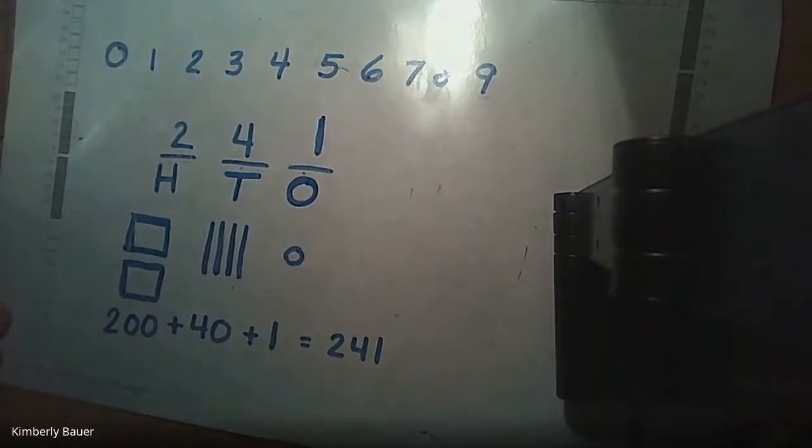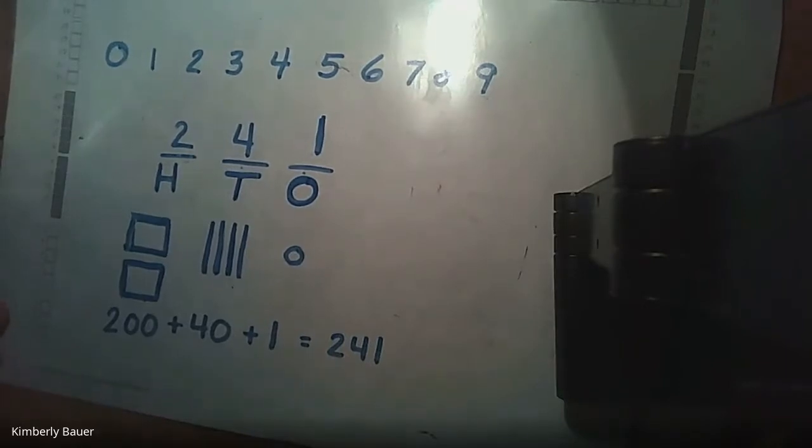So you will see that this 3-digit number, 241, actually means 2 hundreds plus the 4 tens, which is 40, plus 1 equals 241.